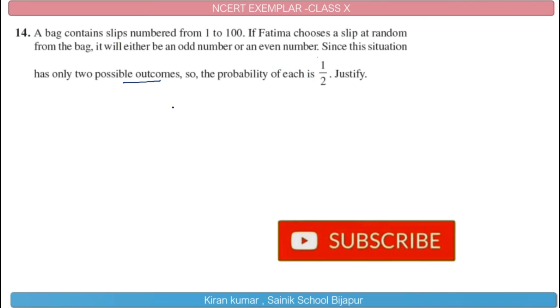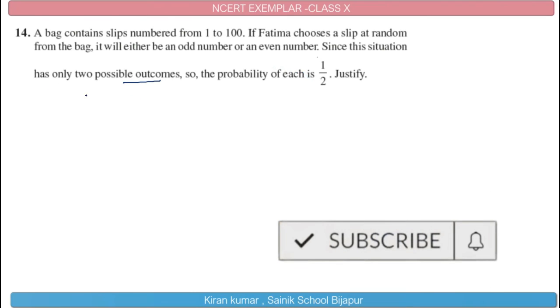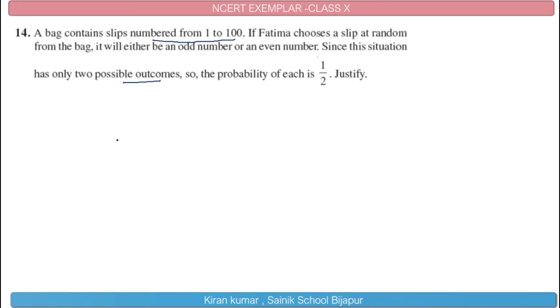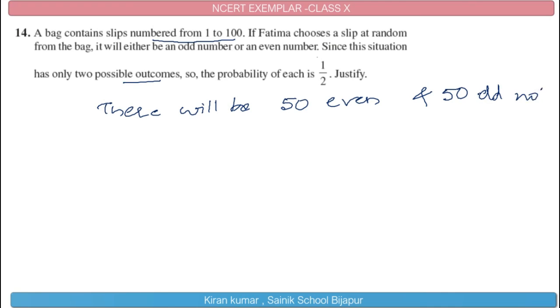Justify. Here, there are slips numbered 1 to 100. So that means that there will be 50 slips which are evenly numbered and 50 odd numbers.